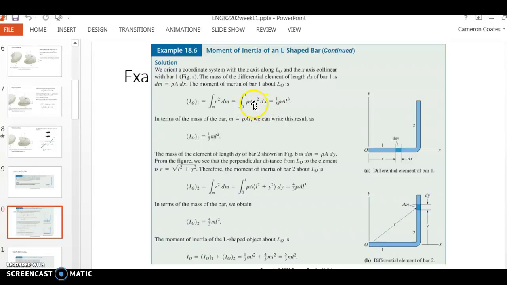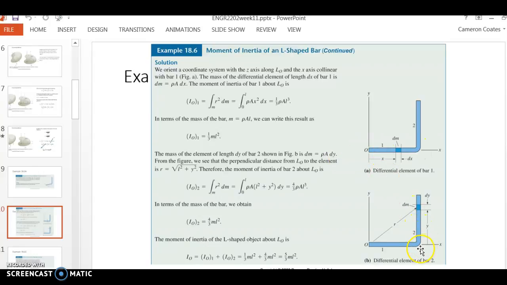Remember, my rho A doesn't change, so I have x squared, and I'm integrating from 0 to L. Why is that? Just take a look at the figure here. My axis is passing through O, and my element is going to traverse the entire length of the bar because we want to know the moment of inertia about the line through O. So my limits will be 0 and L.